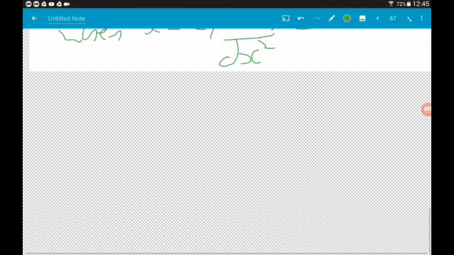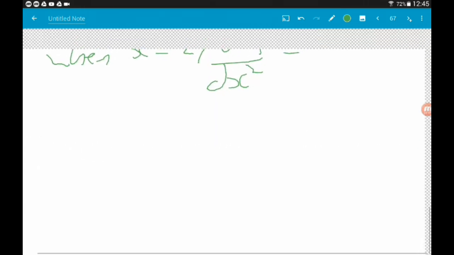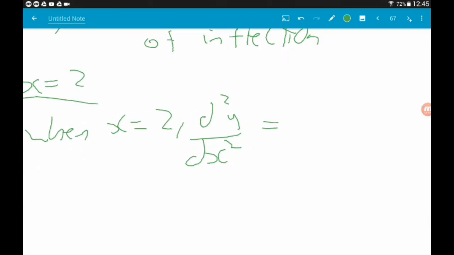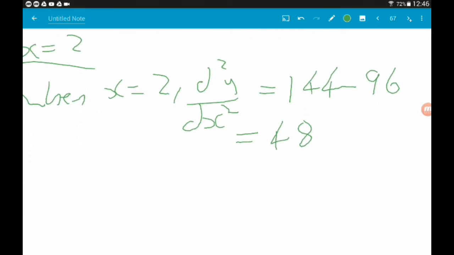So we've got 144 minus 96. So that is equal to 48, which is greater than 0.